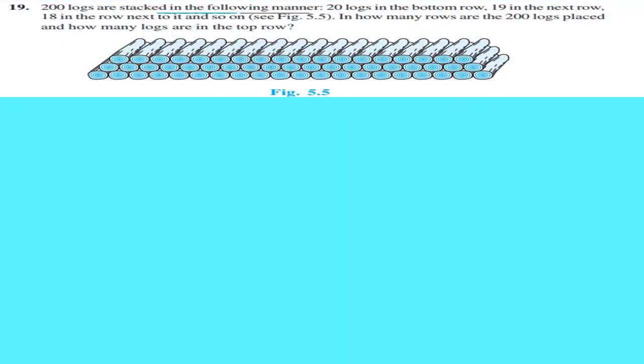Question number 19. 200 logs are stacked in the following manner. 20 logs in the bottom row, 19 in the next row, 18 in the row next to it, and so on. In how many rows are the 200 logs placed, and how many logs are in the top row? Here the logs are arranged in a particular pattern, and you can see that the difference between each row is 1.